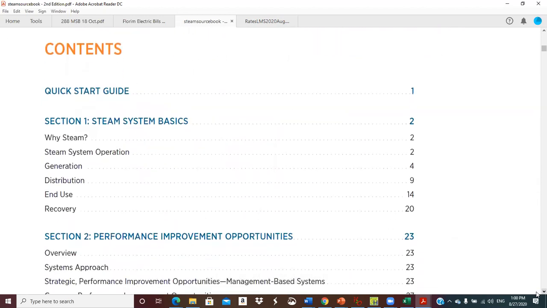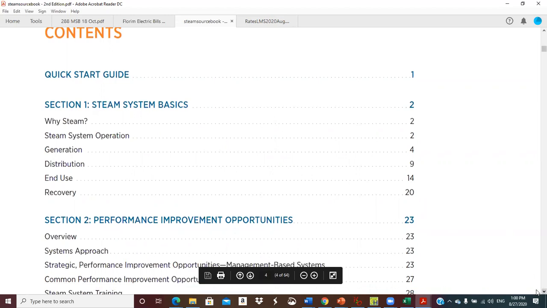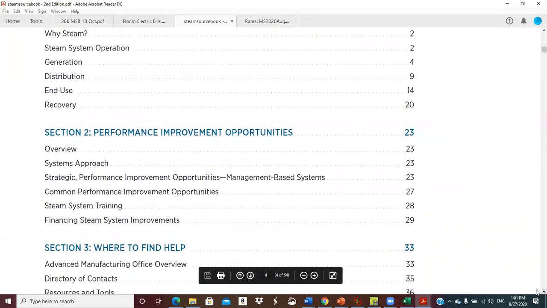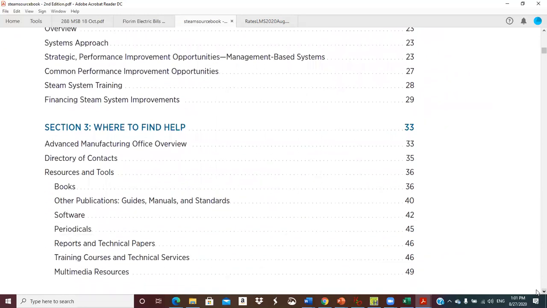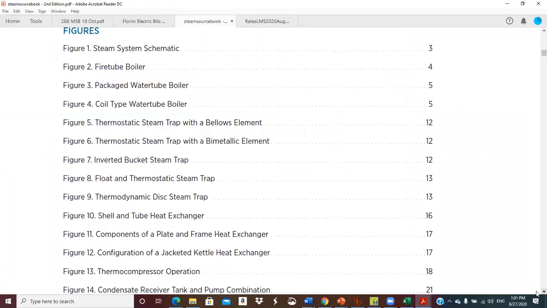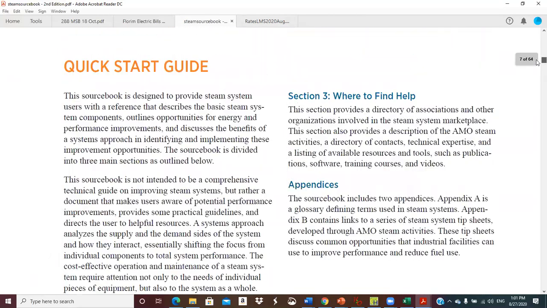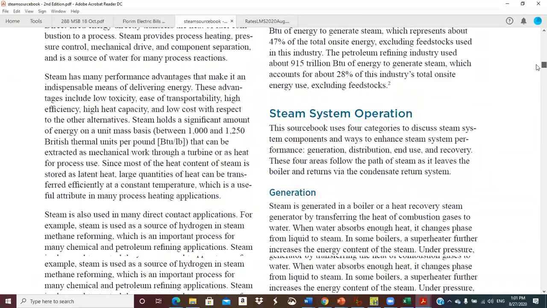Pretty good guy. So I want you to read, I guess, the first 20 pages or so of this. The rest of it is not really so interesting, but it's just general information about industrial steam systems. There's a quick start guide, where to find it.